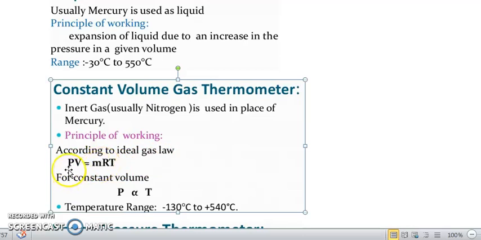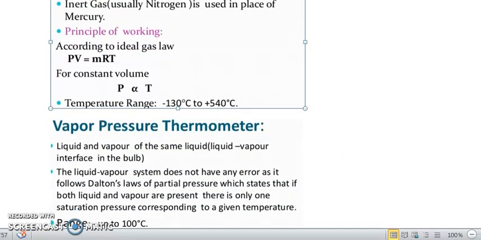So the pressure created is directly proportional to temperature for constant volume. The temperature range of the constant volume gas thermometer is minus 130 degrees Celsius to plus 540 degrees Celsius.